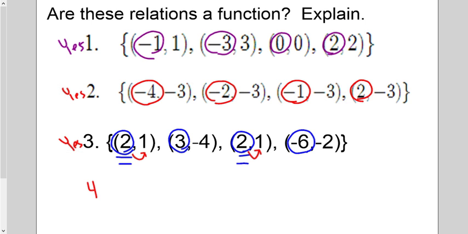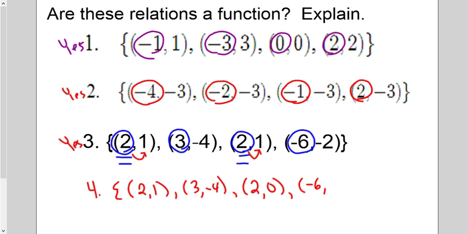I'll tell you what, let's just quickly write in a fourth relation here. 2, 1, 3, -4, 2, 0, and -6, -2.